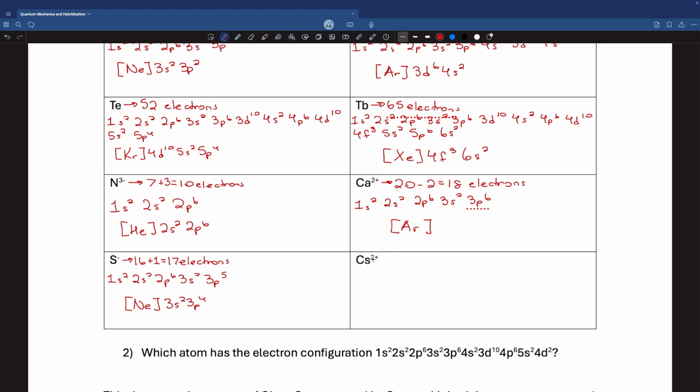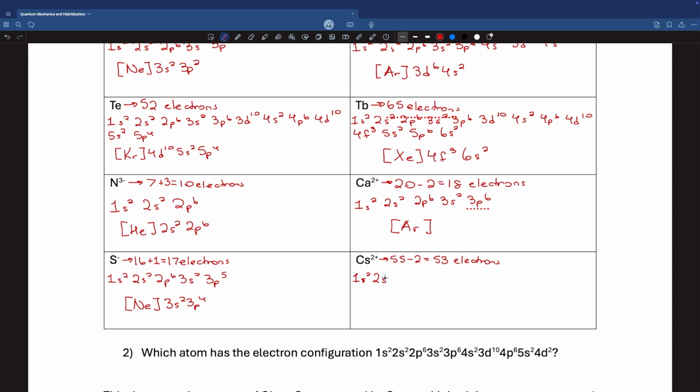The next example is cesium with a +2 charge. So regular cesium has 55 electrons, but since it lost 2 electrons, it really just has 53 electrons. So we can start writing the electron configuration as 1s2. Let's fix that a little bit.